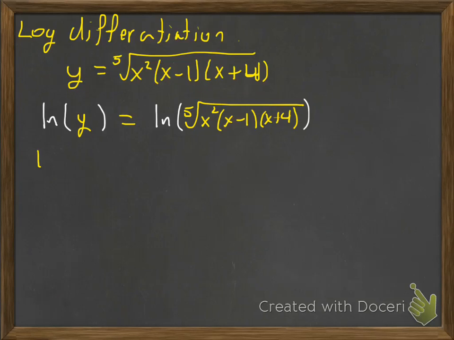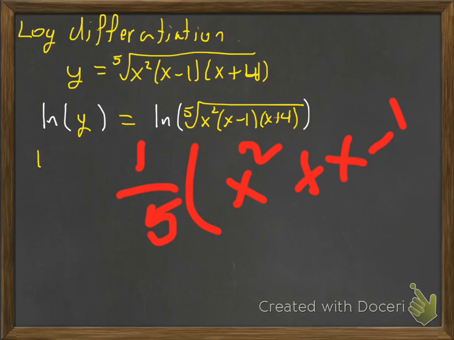Again, we've got the fifth root, which is a 1/5 power, so we'll use the power rule to bring that forward. And then we'll have the ln of x squared, plus ln of x minus 1, plus ln of x plus 4, and that's using our product rule for logarithms. What that's going to do for us is make this problem a lot easier. Also, we'll use the power rule to bring that 2 down in front of the x. So that's what's going on here.